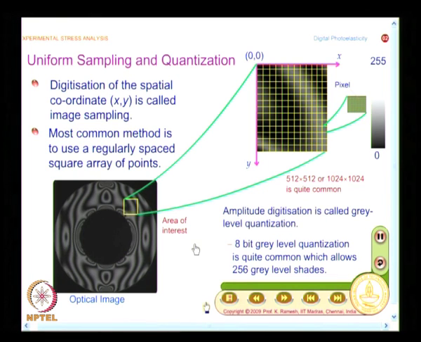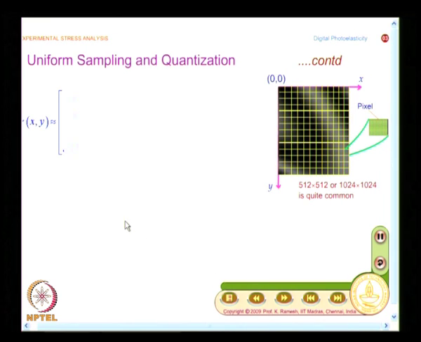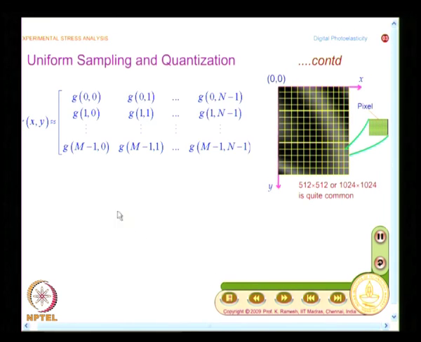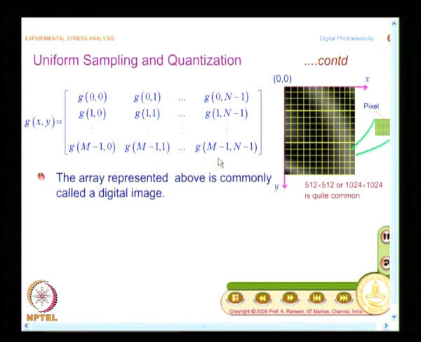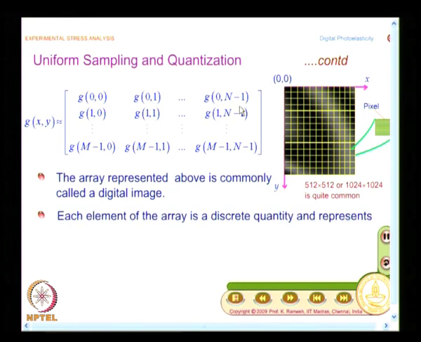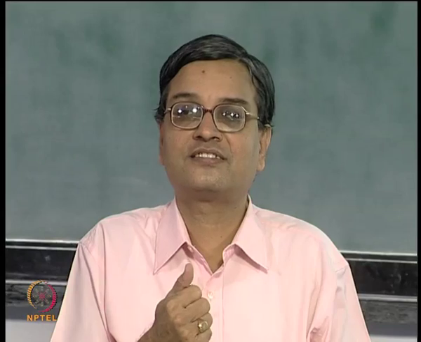So, that is what you have in the next slide. When I use a digital camera, I essentially get a matrix consisting of integers. So, I have the image available as numbers. Then I can do number crunching, I can extract the features, I can see the intensity variation much more closely, all that is possible.